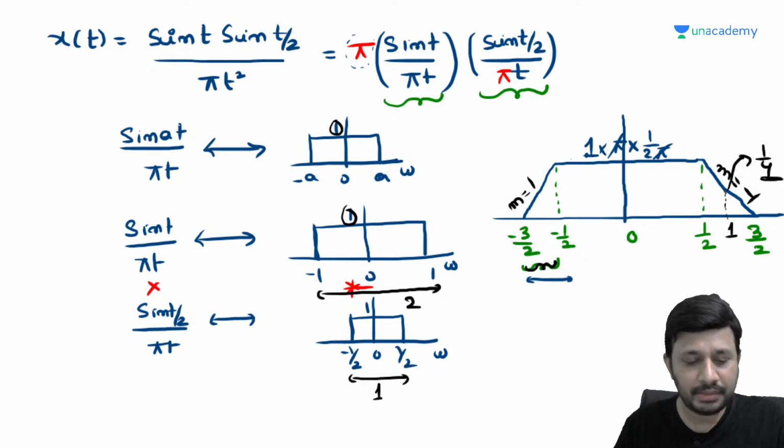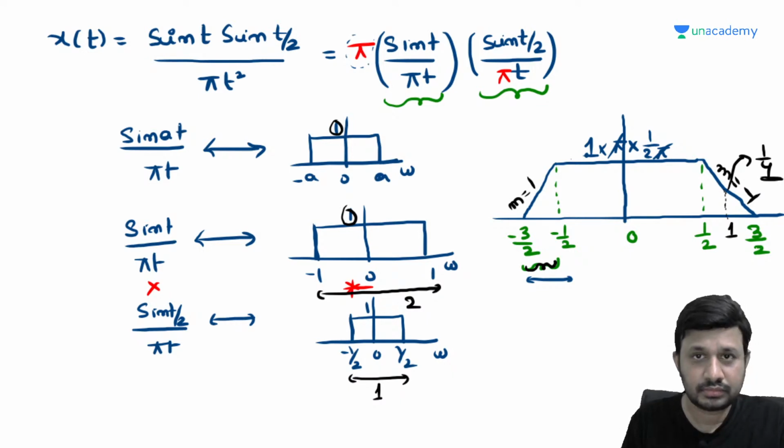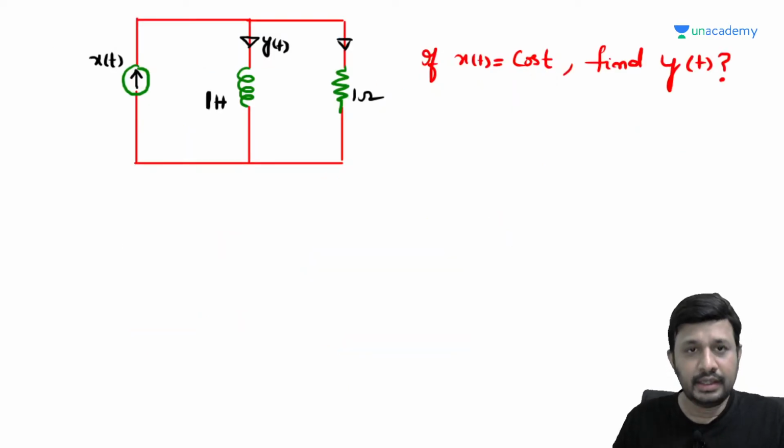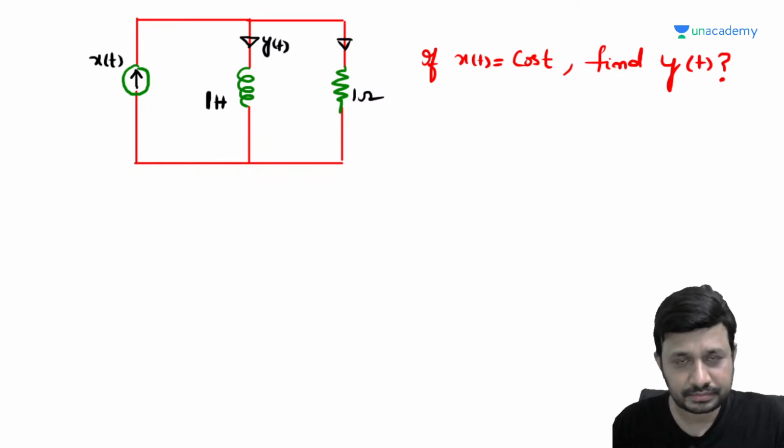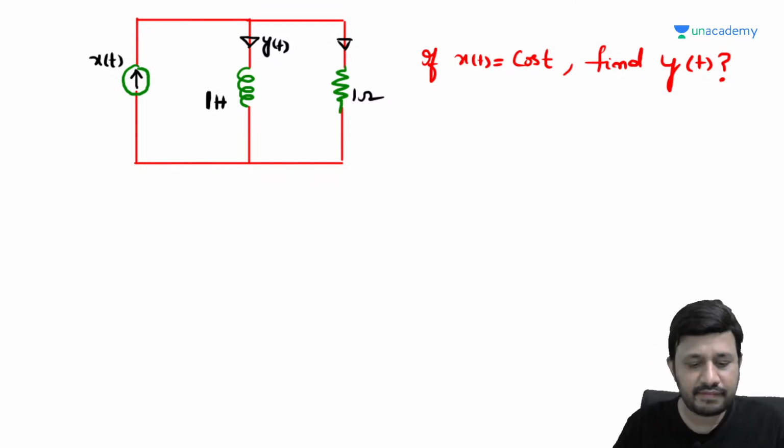Shall we go to the next problem? Yes, this is a problem. Here a network is given and he said if x(t) is equal to cos t, find y(t).